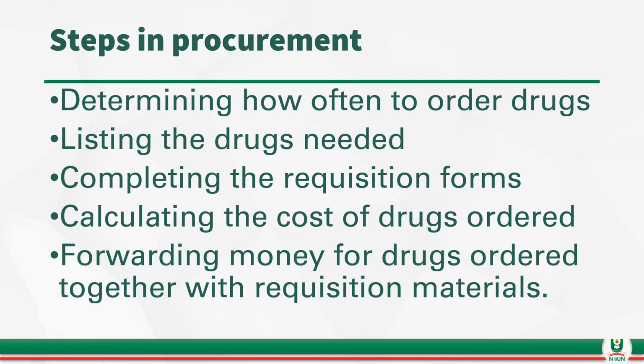Then you complete the requisition forms, the forms you need to make such requisition. You complete it, listing the drugs that you need and the amount, the quantity. Then you calculate the cost of such drugs that you want to order. Then you forward money for drugs ordered together with the requisition materials. These are the steps you take in procurement.